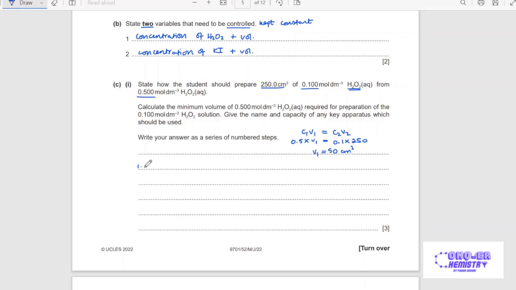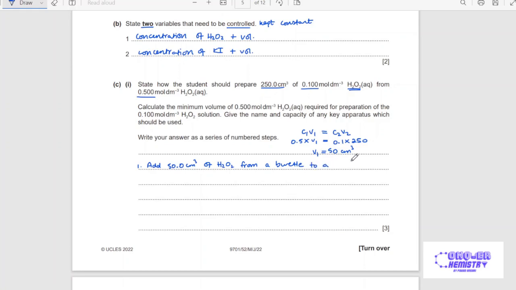So we need to write numbered steps. Step number 1 is add 50.0 cubic centimeters of H2O2 from a burette to a 250.0 cubic centimeter volumetric flask.